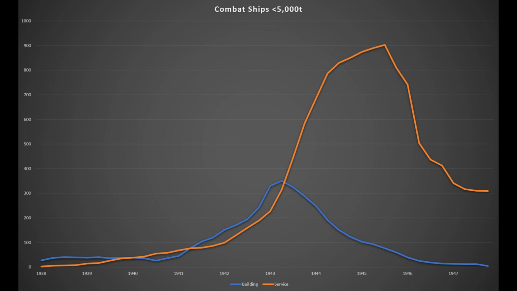However, will they survive? Now, I know some people are going to ask, can you combine this graph with the combat ships over 5,000 tons to give us an idea of the total amount of US shipbuilding efforts in World War II? The answer is, in theory, I can, but that would require me to go back into the data for the combat ships above 5,000 tons, so the cruisers, carriers, and battleships, and convert all of that from a yearly format to a quarterly format.